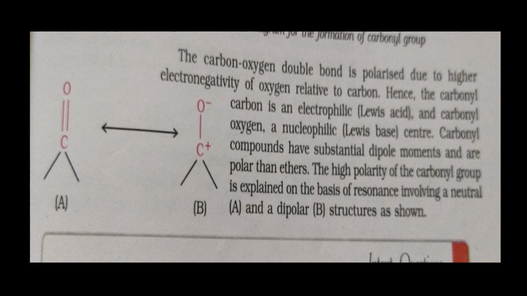Carbonyl compounds have substantial dipole moments and are more polar than ethers. The high polarity of the carbonyl group is explained on the basis of resonance involving a neutral structure A and a dipolar structure B, as shown over here.